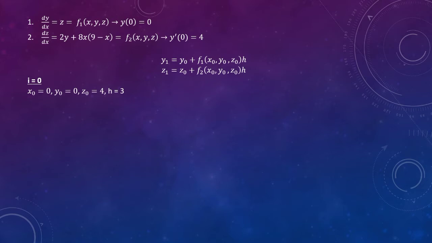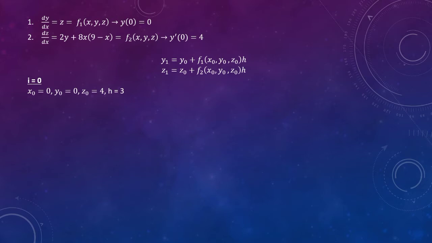And we all know dy over dx is just equal to y prime, which is our assumption, 4. So that means z sub 0 is also equal to y prime, which is just equal to 4.